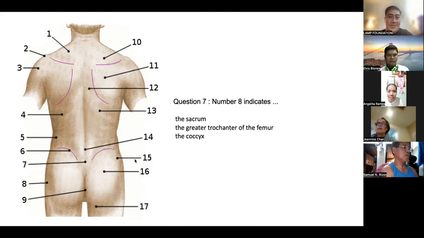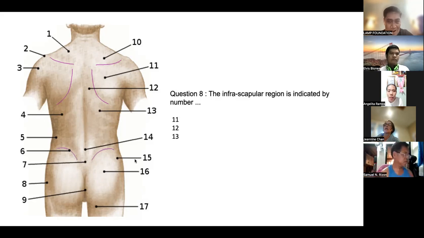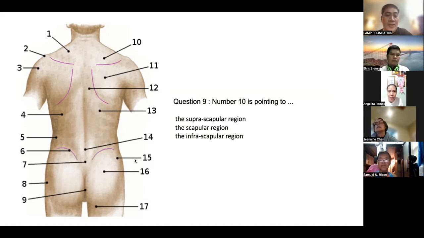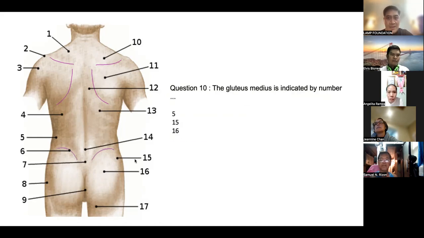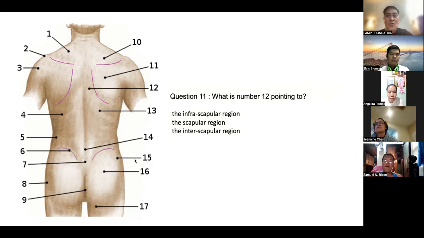Number 8 indicates the greater trochanter of the femur. Wow. Okay. Infrascapular region is indicated by what number? Number 13. Number 10 is pointing to the suprascapular region. The gluteus medius is indicated by number what? 15. Wow. What is number 12 pointing to? The interscapular region.